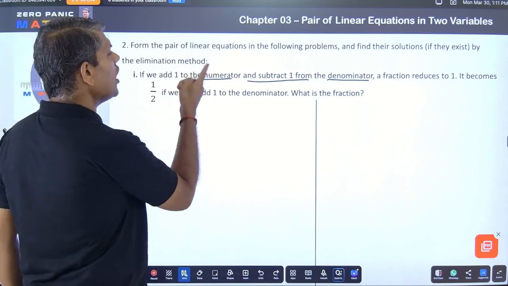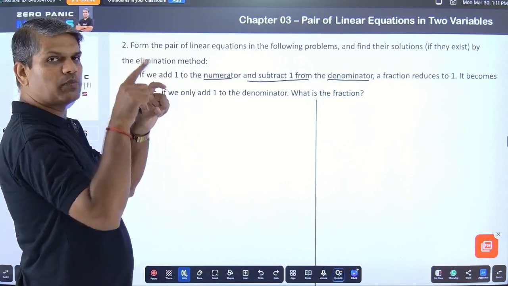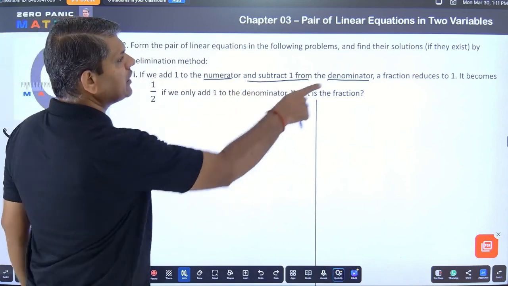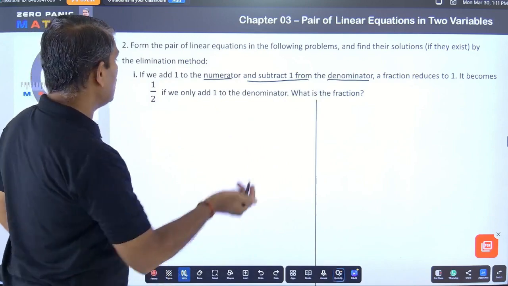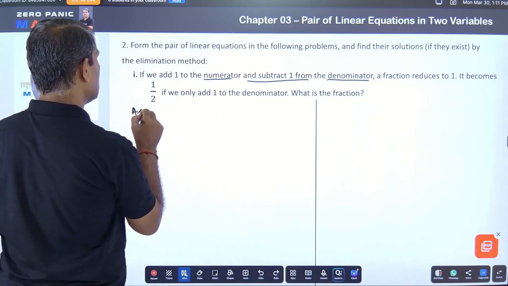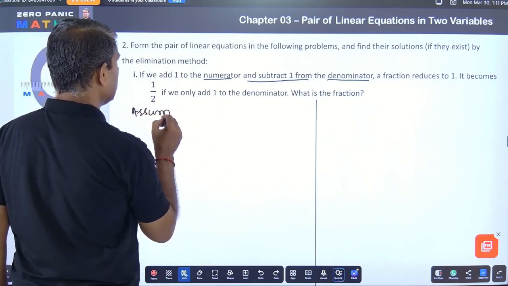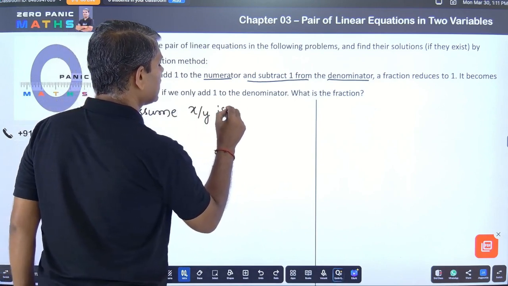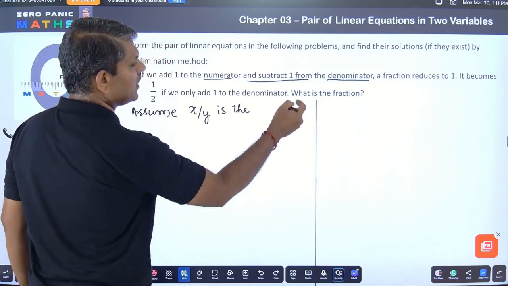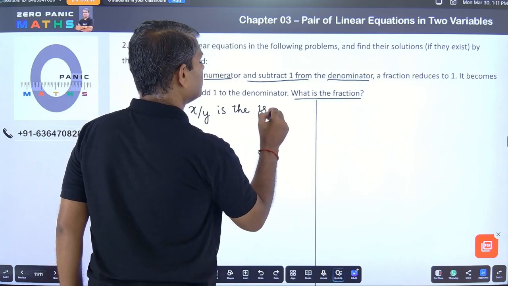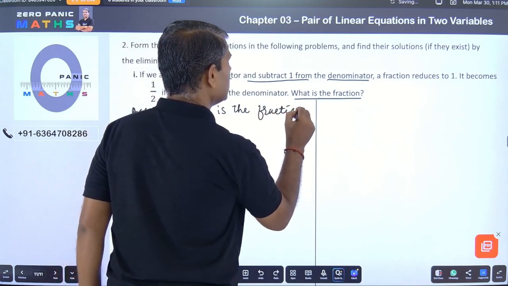And if you add 1 to the numerator, that is x plus 1, and subtract 1 from the denominator, that is y minus 1, that will be equal to 1. So let us assume that and start the solution. Assume x by y is the fraction, because that is what is needed, right?